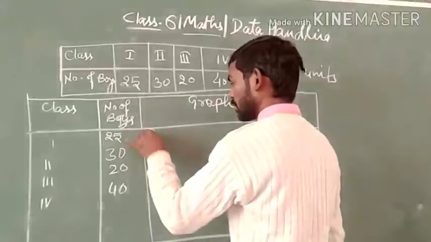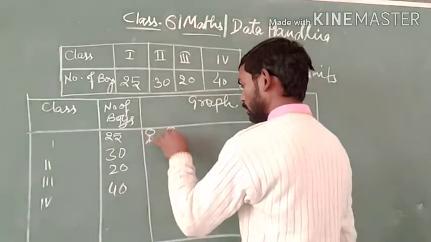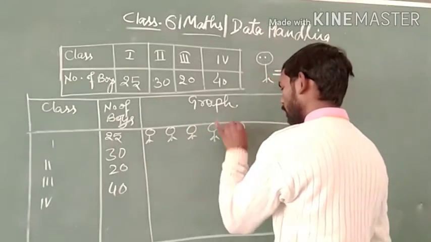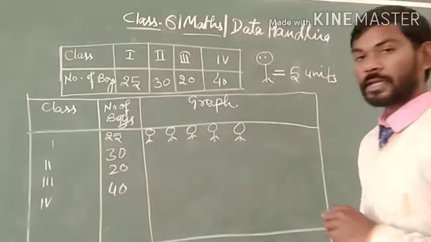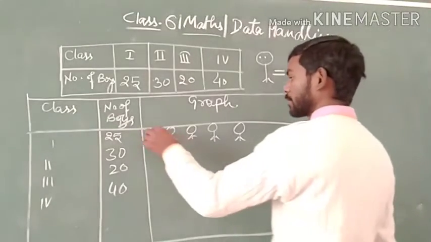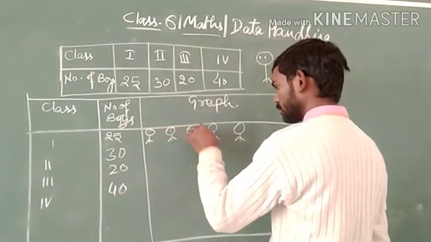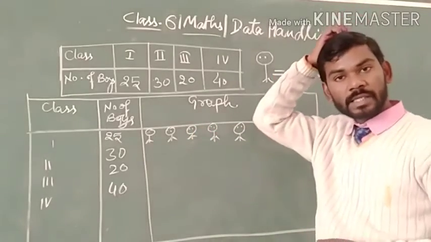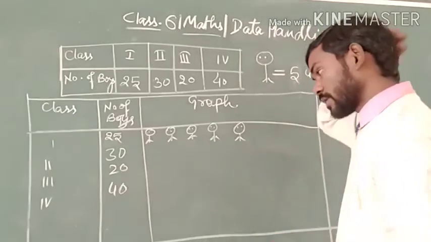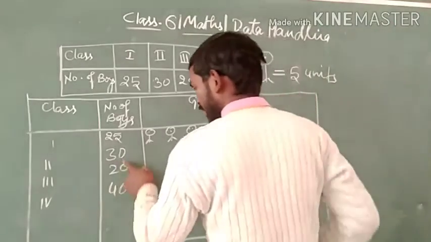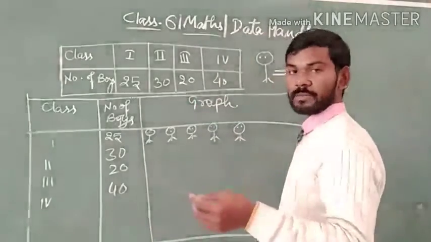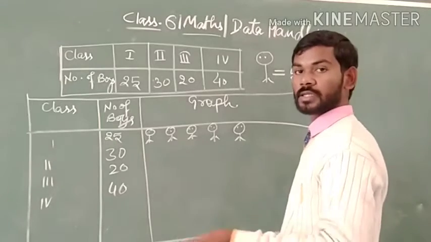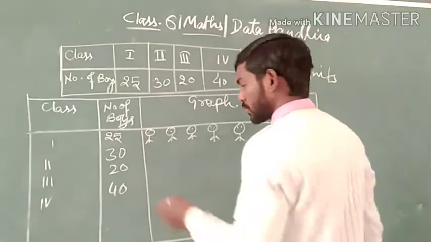So here we draw 1, 2, 3, 4 and 5. These represent the number of boys in class first. Now in class second the number of students is 30. That means we need only 6 figures to represent 30 students in class second.